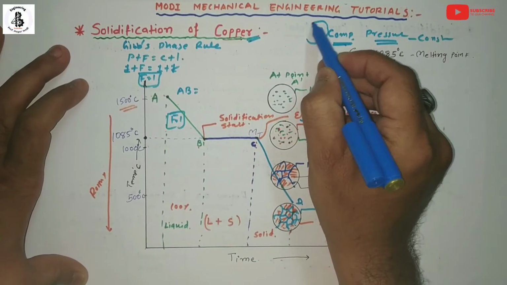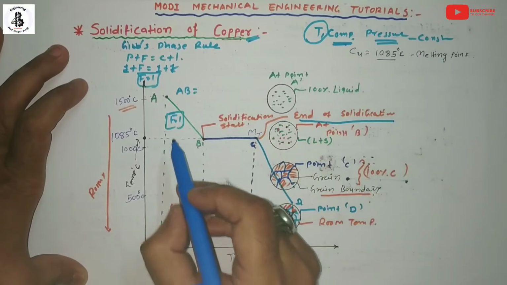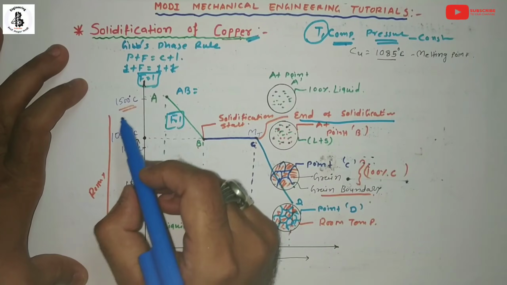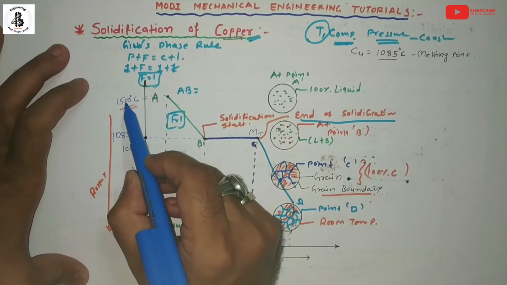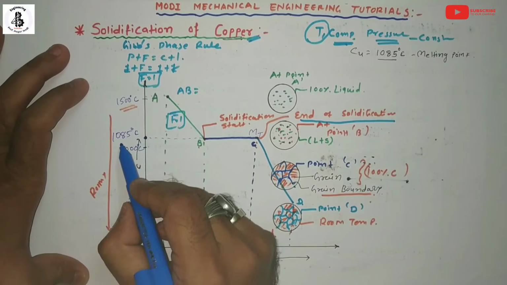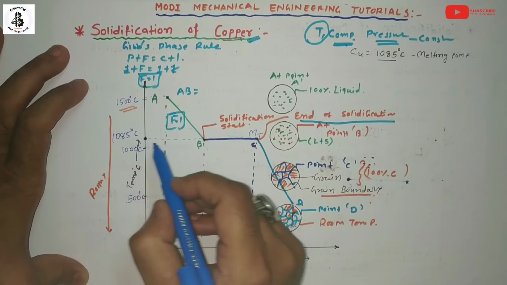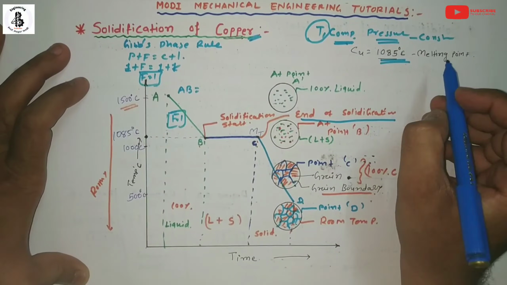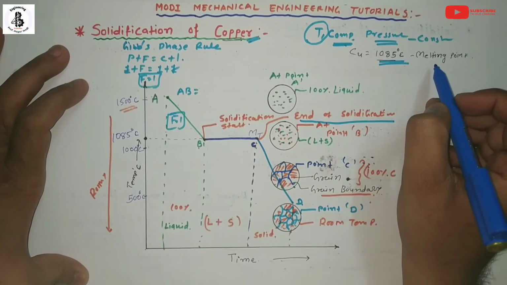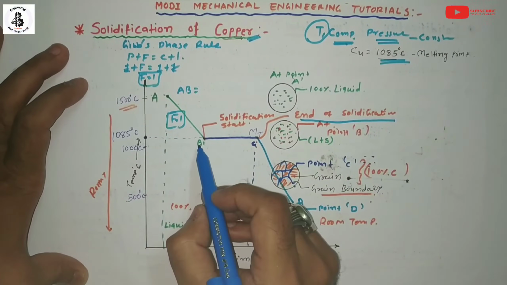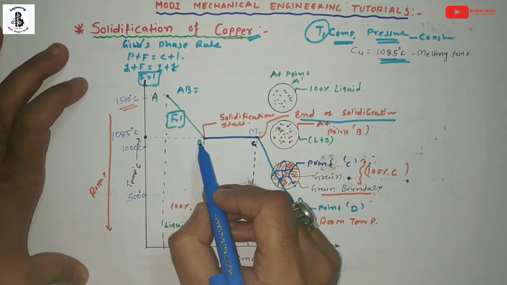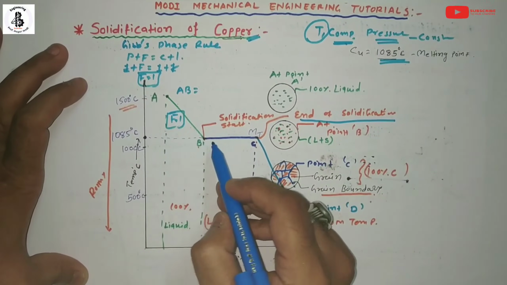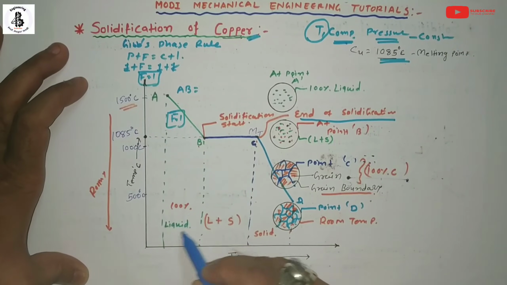So only a single parameter is changing, and that is temperature. For A to B, the temperature changes from 1500 degrees centigrade to 1085 degrees centigrade for copper. 1085 represents the freezing point, or you can say the melting point, of copper. During A to B, only the temperature changes without changing the phase. So A to B is always 100% liquid material.